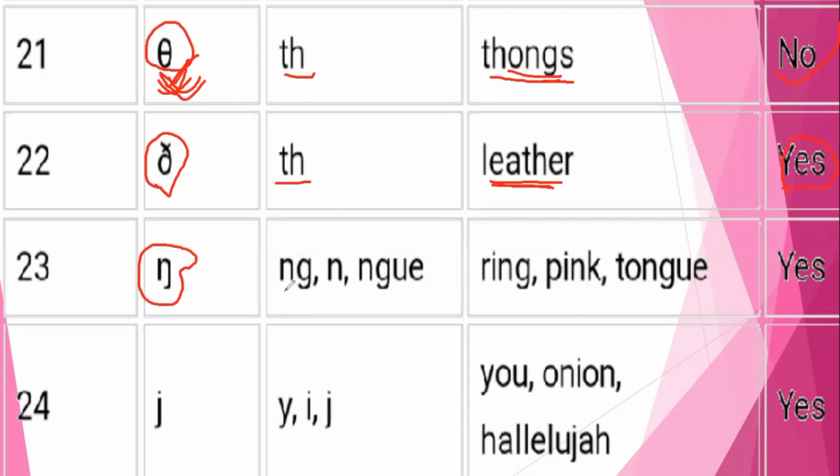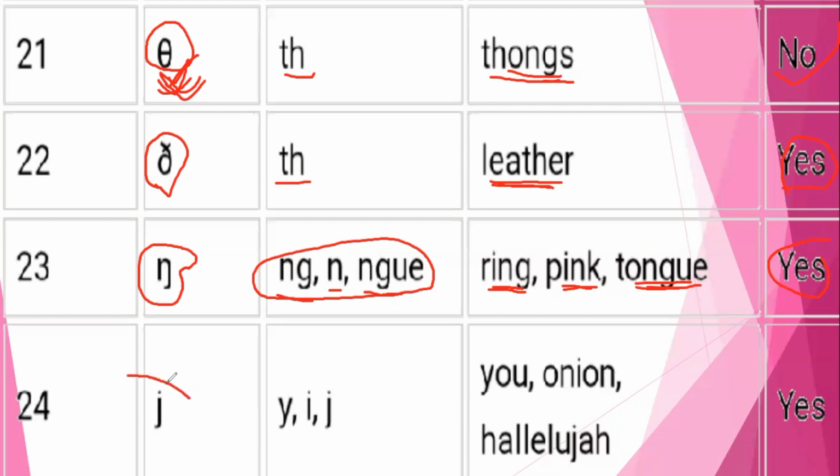It is pronounced ng in words when the graphemes are like ng, single n, ngue. For example, ring, pink, tongue. It is also a voiced sound.